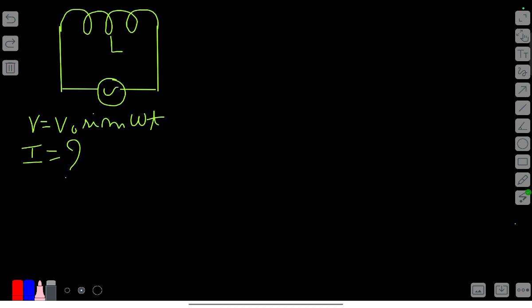The induced EMF will be equal to, there's a formula, minus L di by dt.